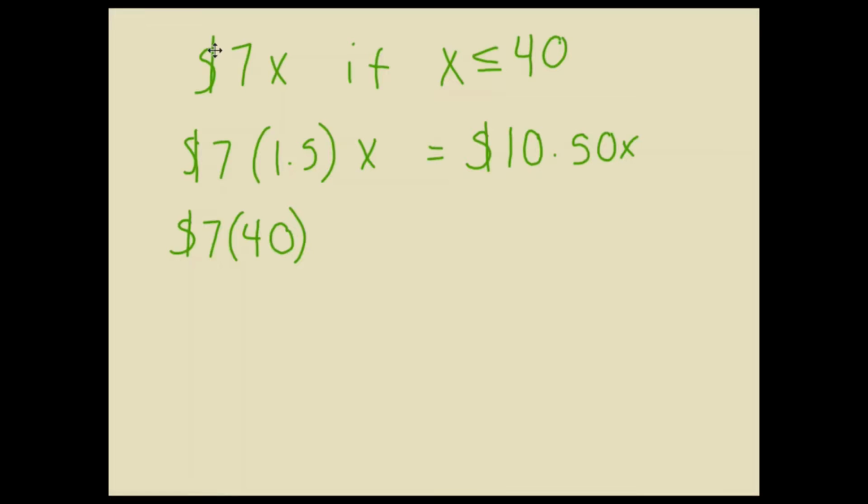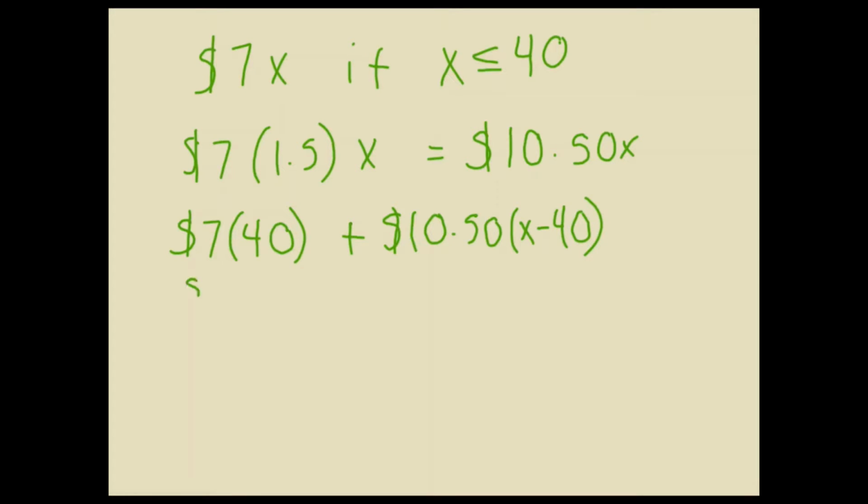What you'd have to do is have 40 hours times $7, because that would be her normal wage, and then you'd also have to add $10.50 times each number of hours over 40. So you would do x, the number of hours, minus 40 hours.